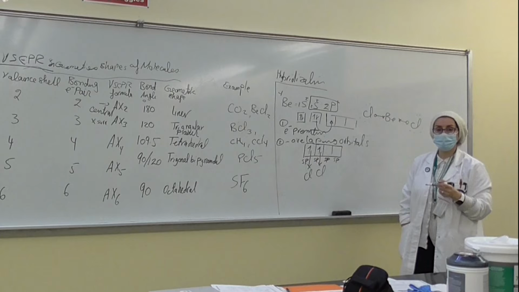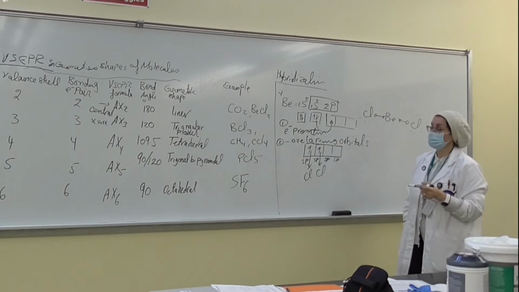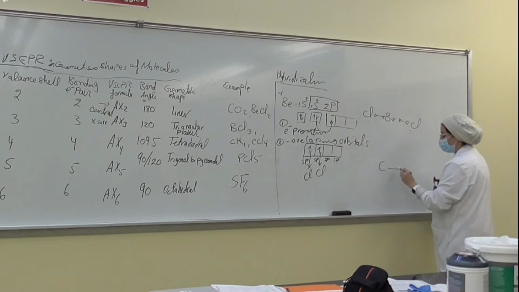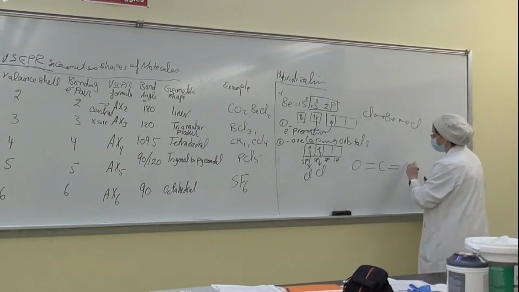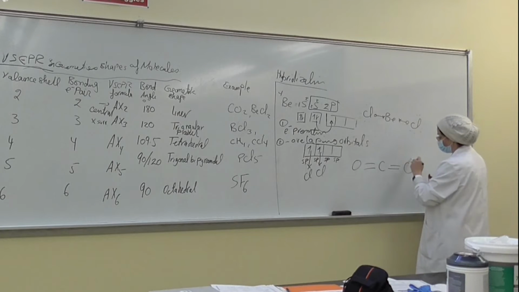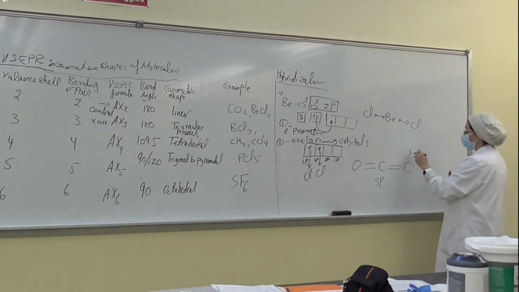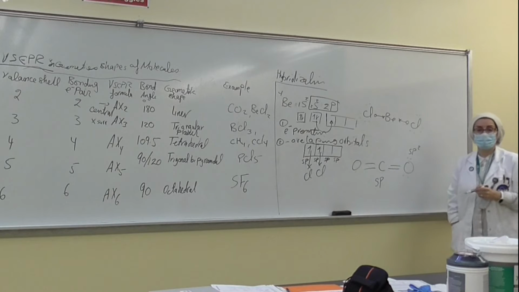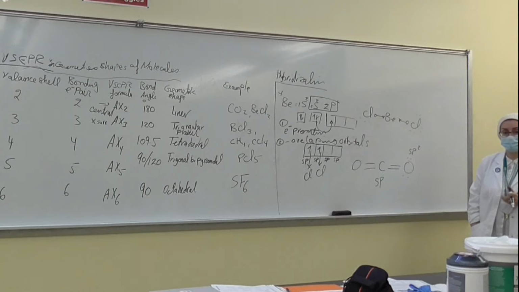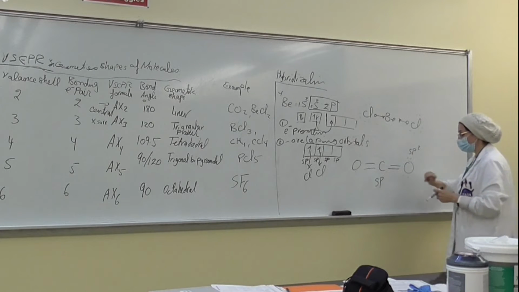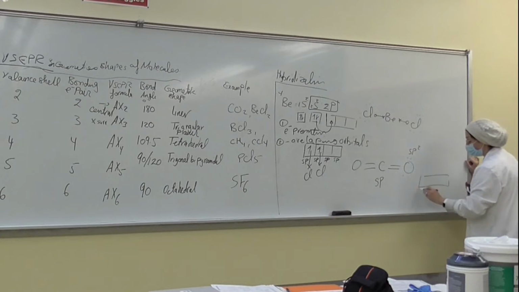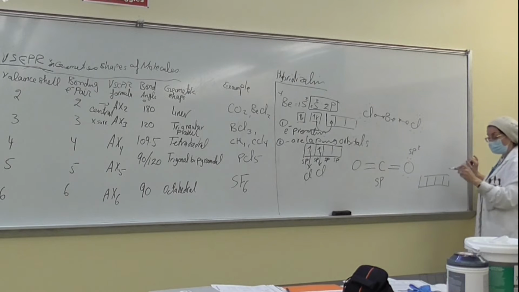Okay? This applies to C in the middle with oxygen. This carbon has sp hybridization, okay? And the carbon is also going to have 4 electrons in the outermost shell, okay?